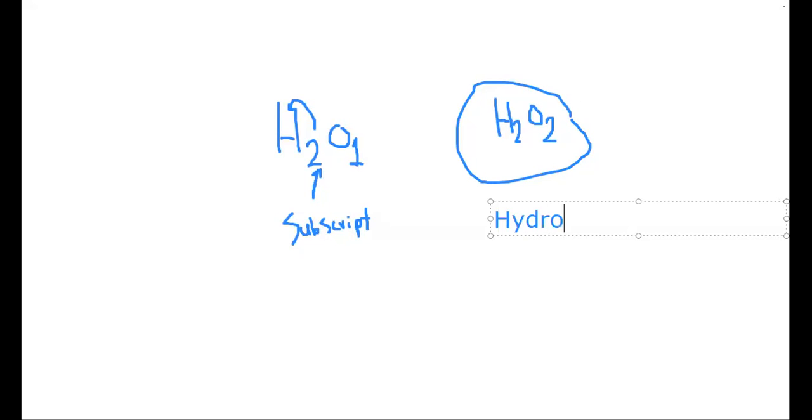It is called hydrogen peroxide. Here, how many atoms of hydrogen do we have in this compound? 2. How many oxygen atoms? 2. Excellent. That's right.